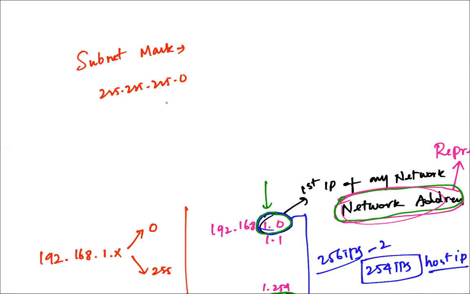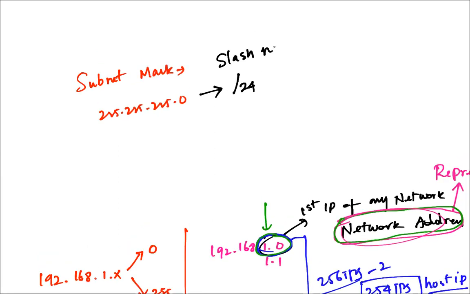This is the mask that we use when we configure the PCs. This is the subnet mask in decimal format. You can also denote the mask in slash notation. This is slash notation.